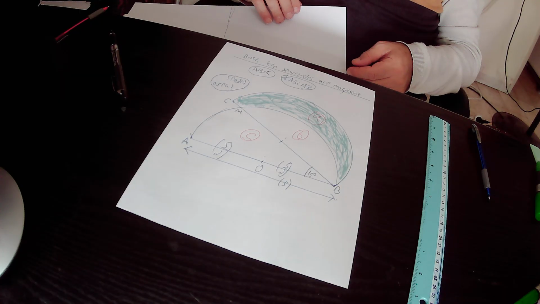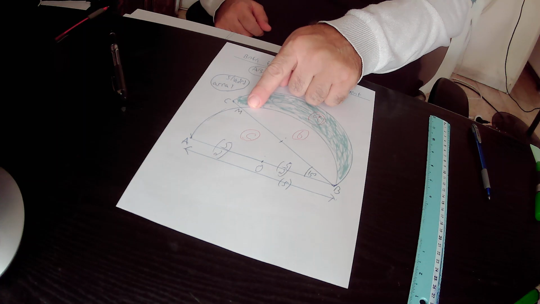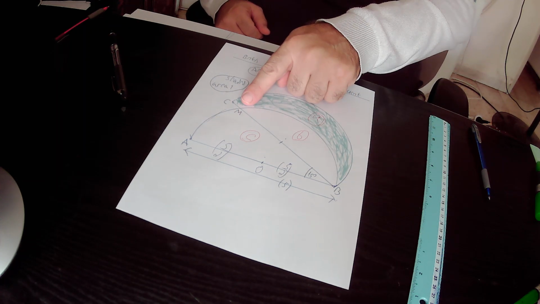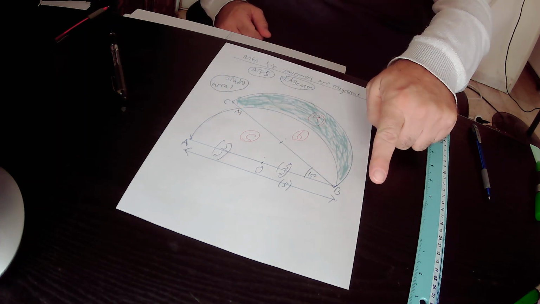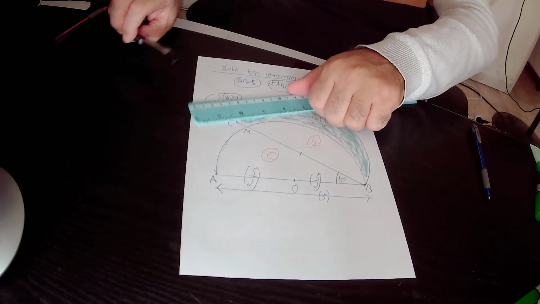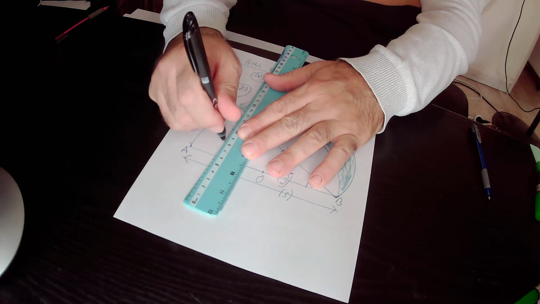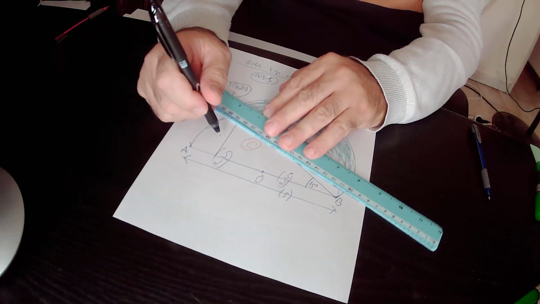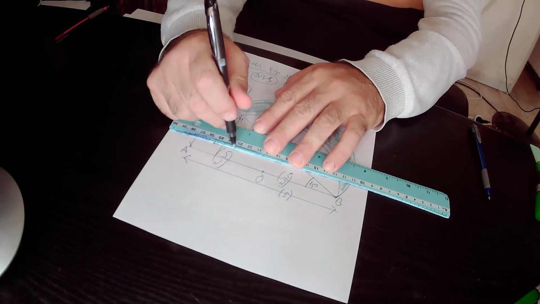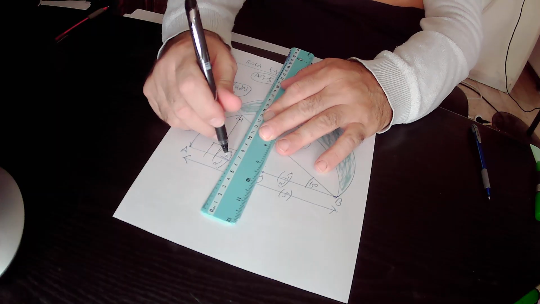In the next step, we will do a construction. This is to say, from point M, we will draw a perpendicular on AB. Again, from point M, we will draw a perpendicular on the diameter AB of this semicircle. So actually, this angle equals 90 degrees in size, and this angle also equals 90 degrees in size according to our construction.